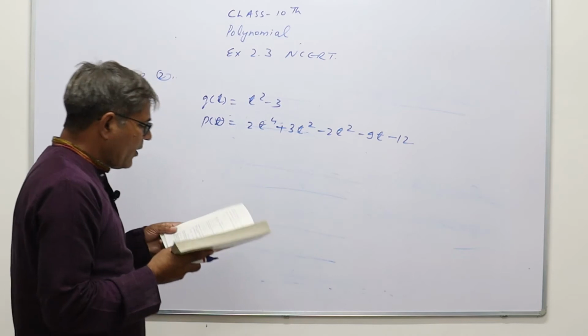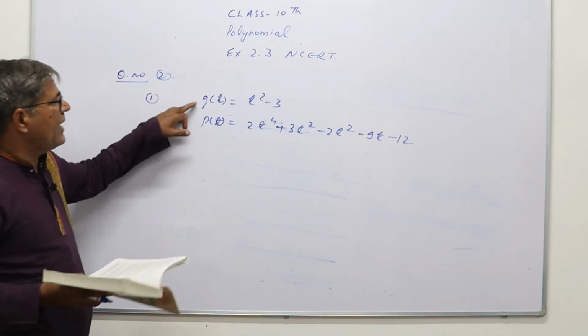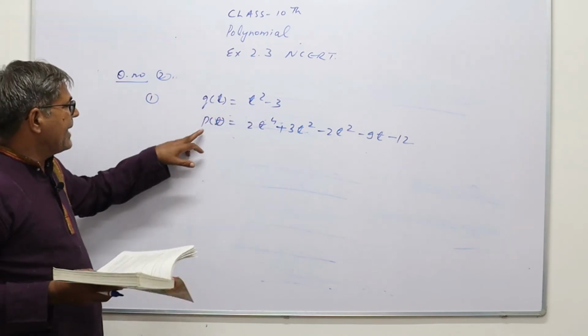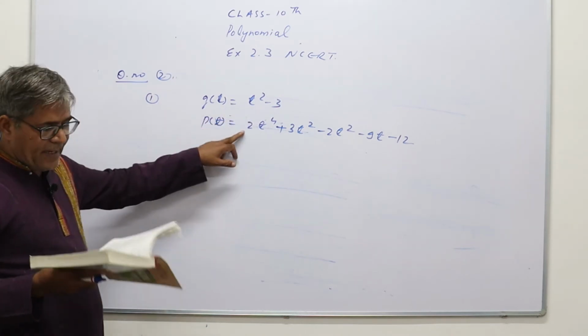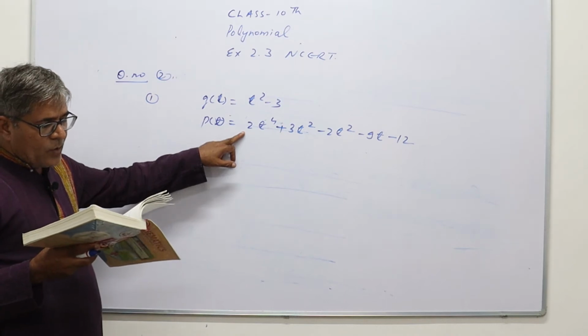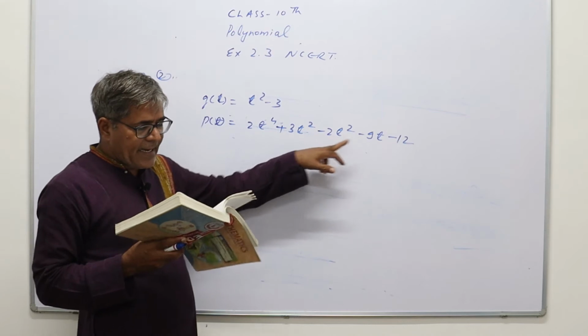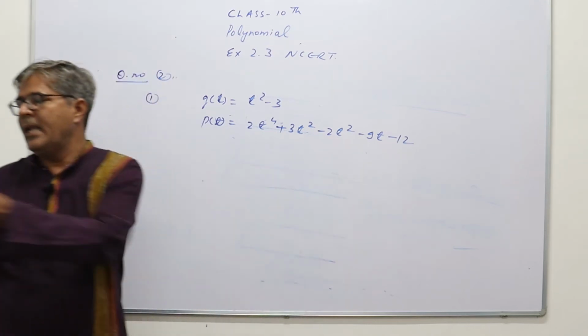So the first polynomial is t square minus 3. Let the first polynomial g(t) equal t square minus 3. Second polynomial let p(t), and p(t) is given 2t power 4 plus 3t cube minus 2t square minus 9t minus 12.